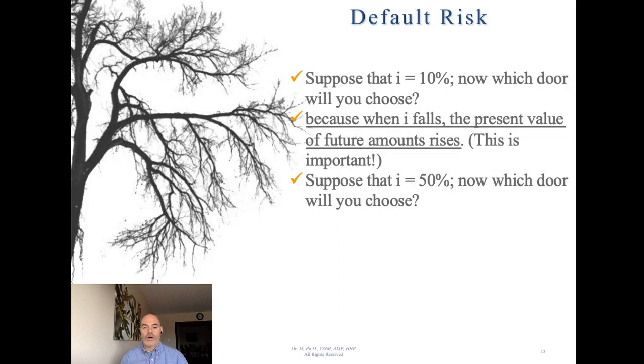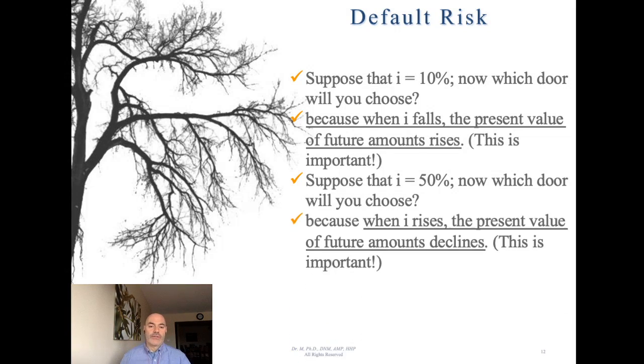However, when you calculate the present value for door number one, it will be $120 divided by 1.5. And in this case, your present value is equal to $80. Therefore, you choose door number two when interest rate is at 50%.